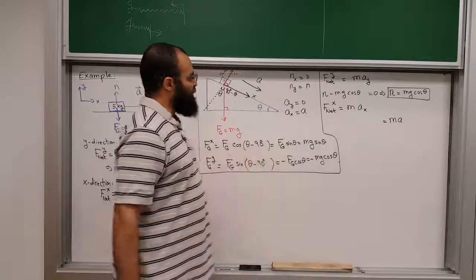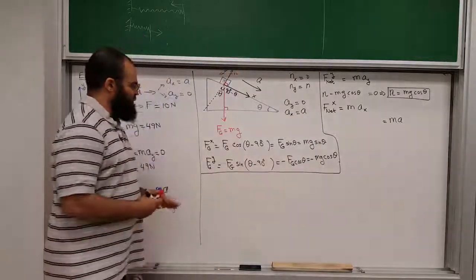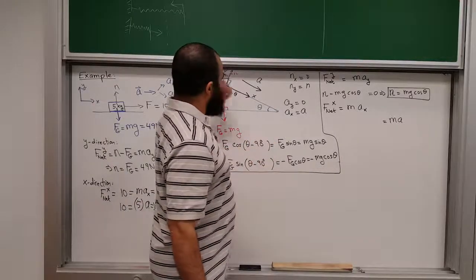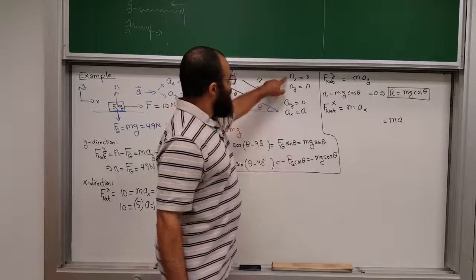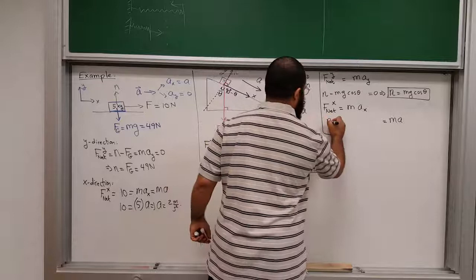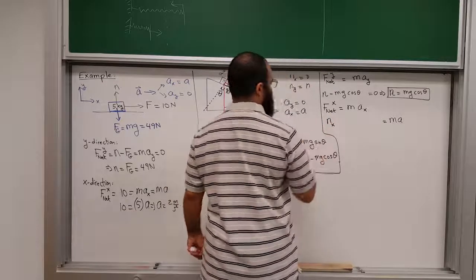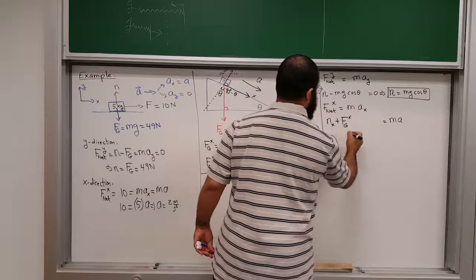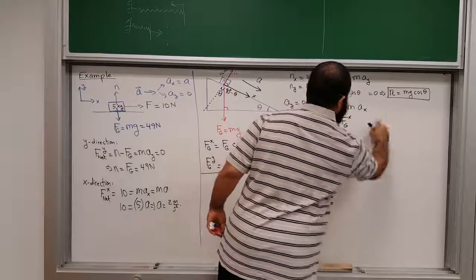There is no y component. What are the forces in the x direction? The only two forces we have are the force of gravity and the normal force. I can write it this way: the x component of the normal force, plus the x component of the force of gravity will equal ma.